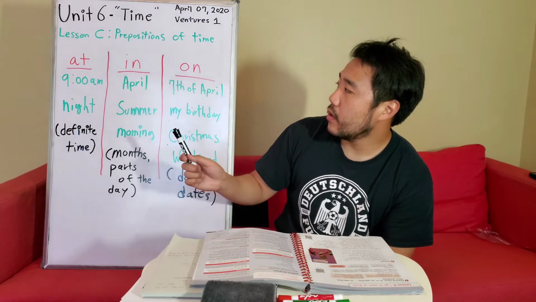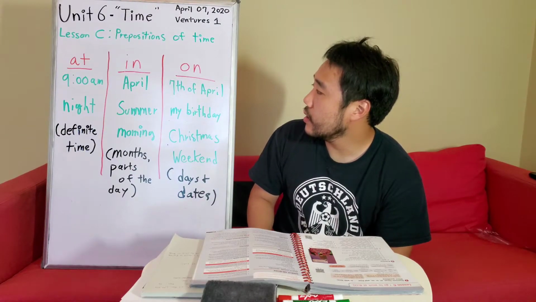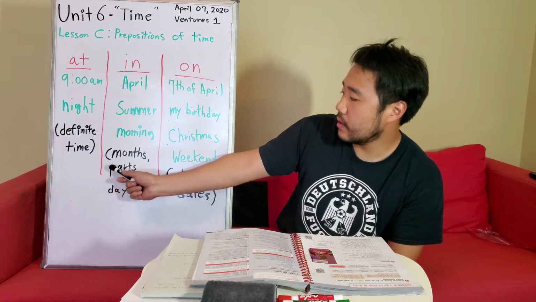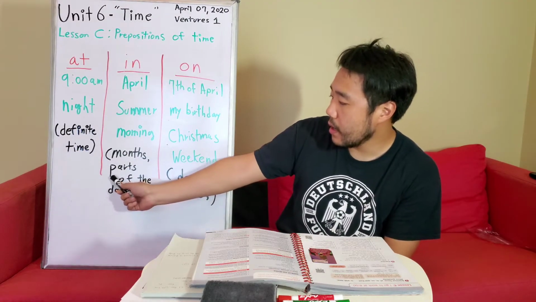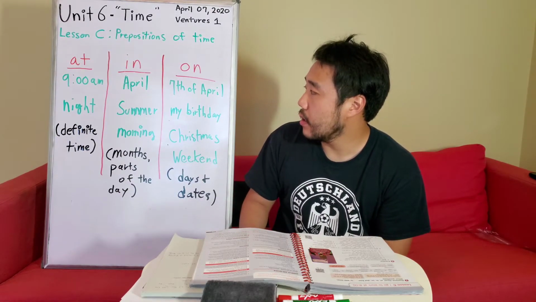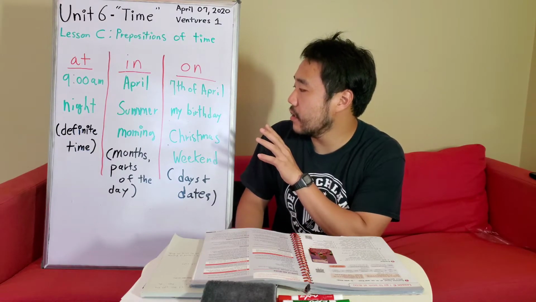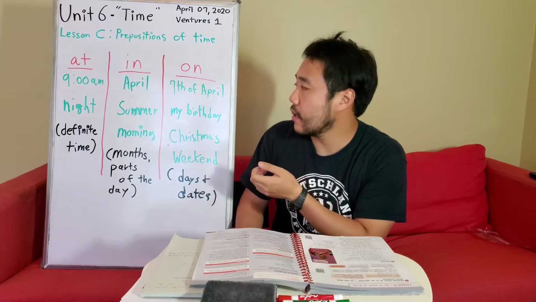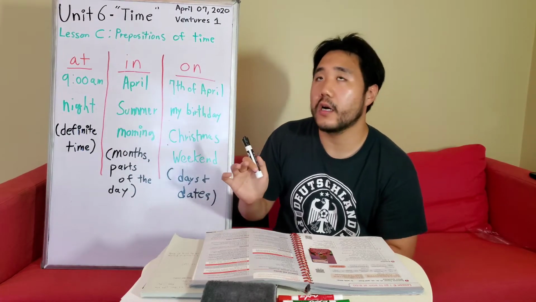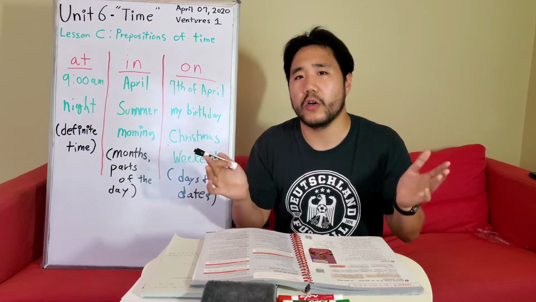Now, in is for months and parts of the day. To think about this more easily, you want to use the preposition in when it takes a long period of time, something long.